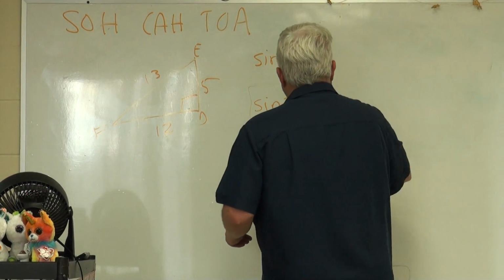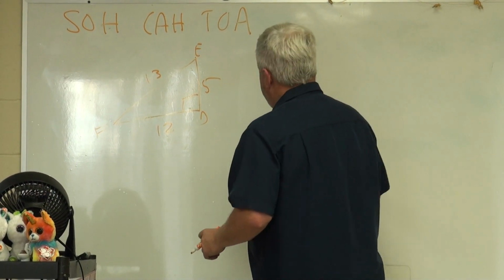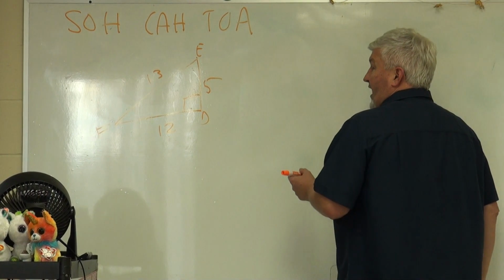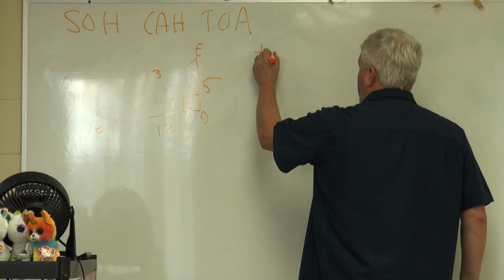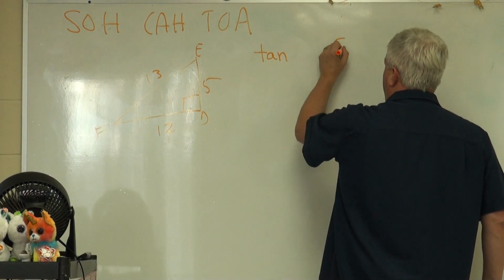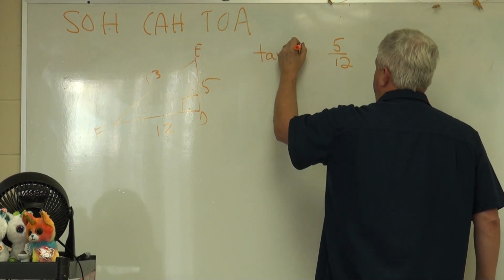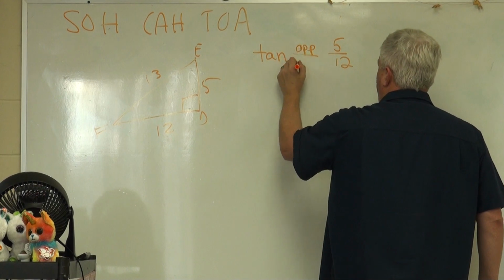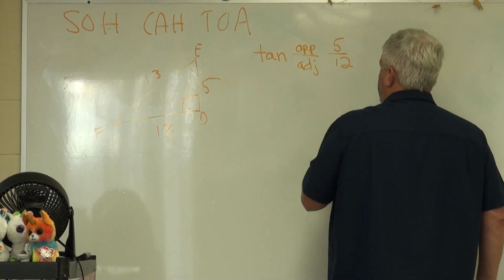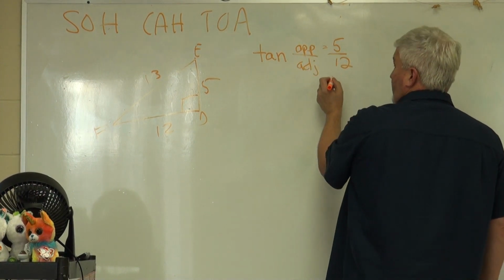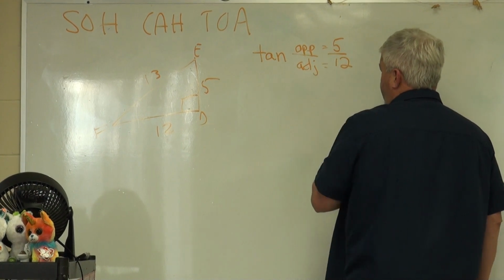The second one asks you for the tangent. Okay, which angle gives you the tangent ratio of 5/12? And remember, our tangent is TOA, opposite over adjacent. So the opposite side is 5, the adjacent side is 12.